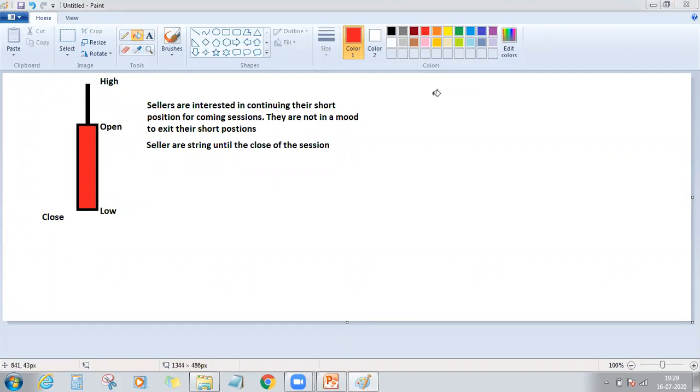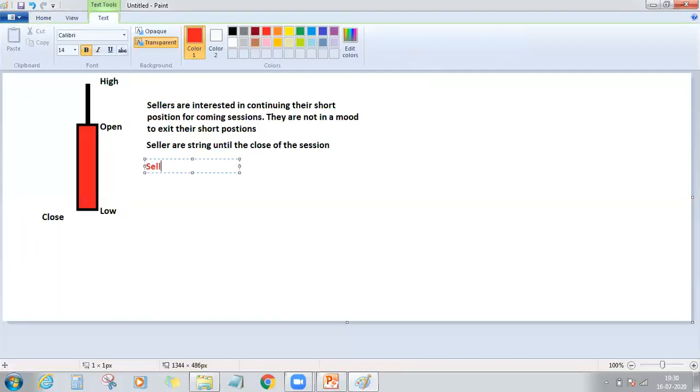Only if the limit orders are getting hit will the price be dragged like this, but in a limit order case, it will not be so intense. It will happen only if the sell market orders are getting hit. So here, sell at market price orders are getting hit.